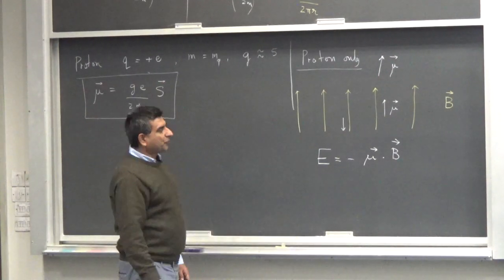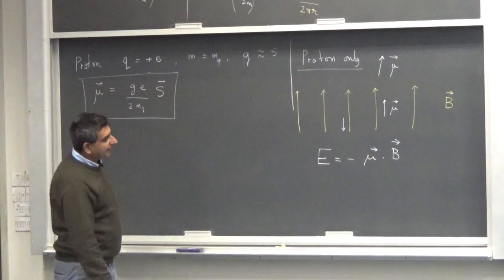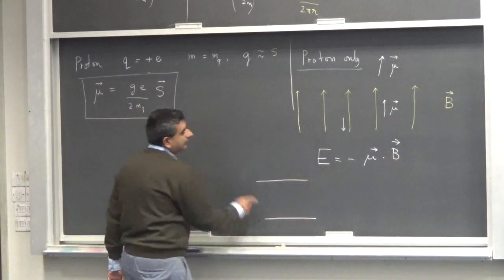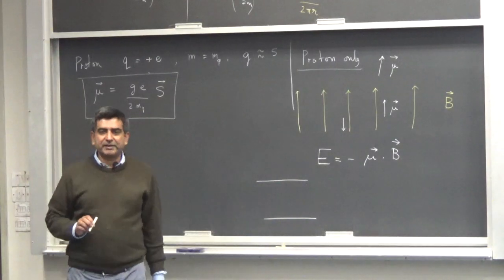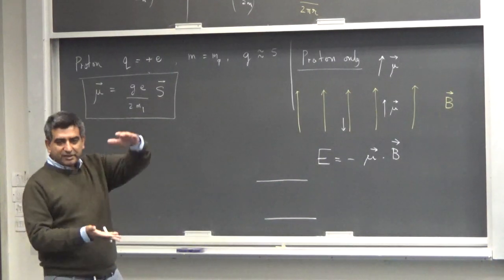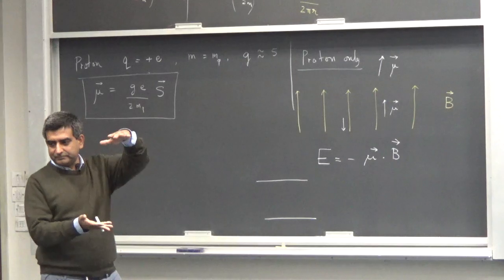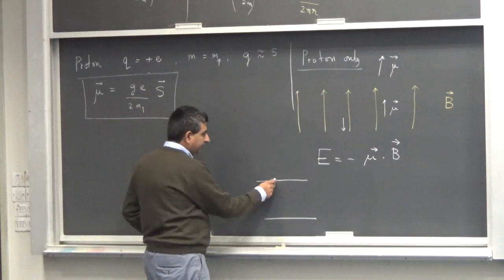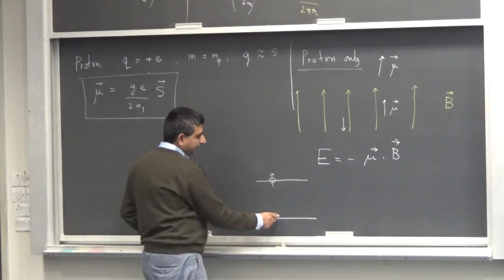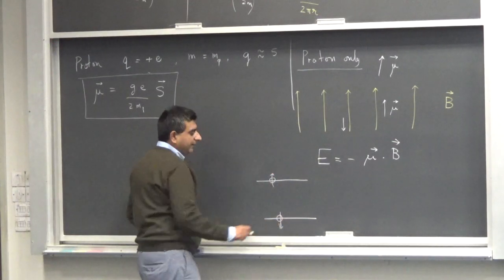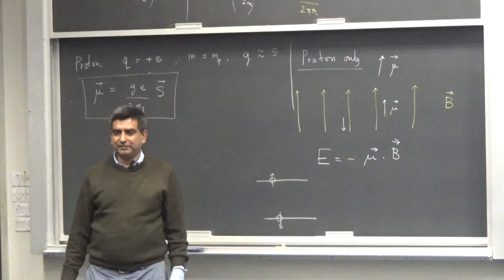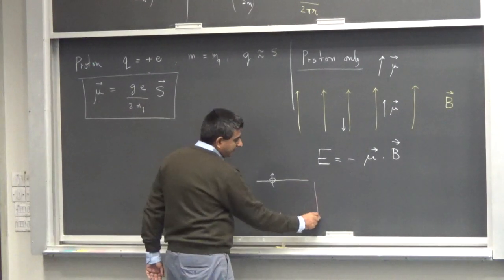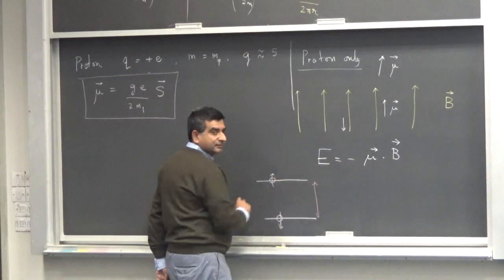So what you could do is, you could say that the energy of the proton spin inside a magnetic field will be represented by two levels. One level is when the spin is aligned with the field, and the other is when the spin is anti-aligned with the field. And there is a gap in energy between these levels.